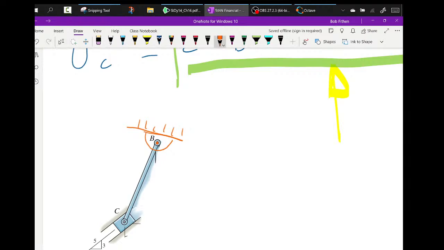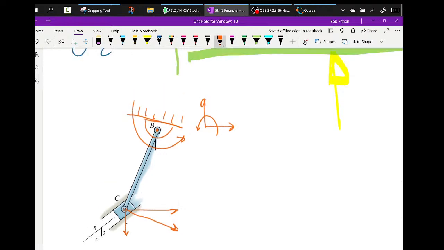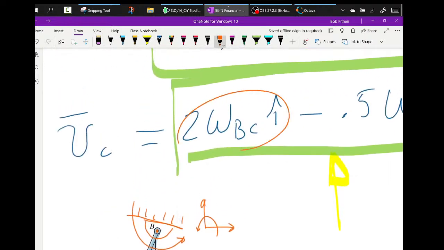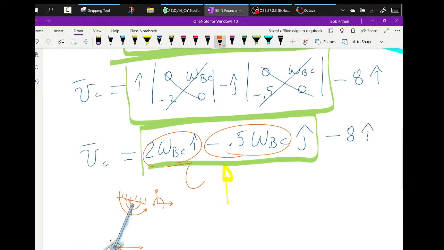I am looking there. A positive rotation is this way. Therefore, this is the rotation. Therefore, from just logic, I would say the velocity must go here. It must have a positive x, a negative y. A positive x and a negative y. So logically, this component makes sense.